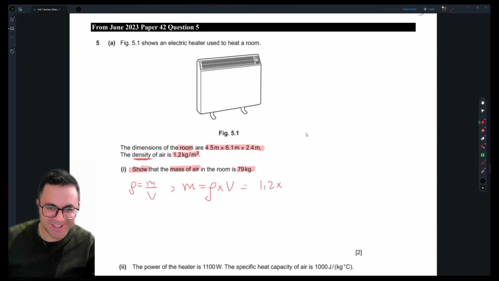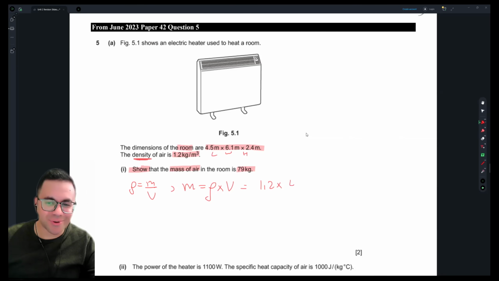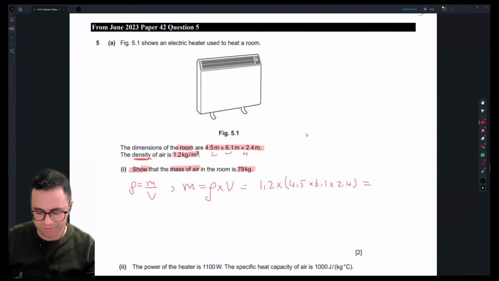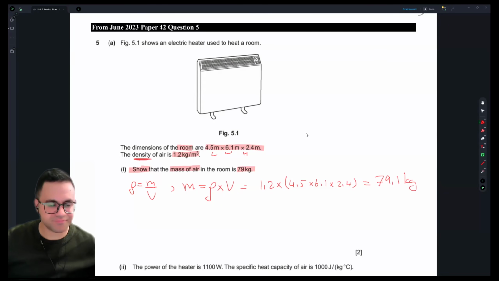We mentioned that earlier, huh? And I have the length, width and height of the room. So it's 4.5 times 6.1 times 2.4. Let me calculate that. 1.2 times 4.5 times 6.1 times 2.4 is 79.056, so 79.1 kilograms. Done.